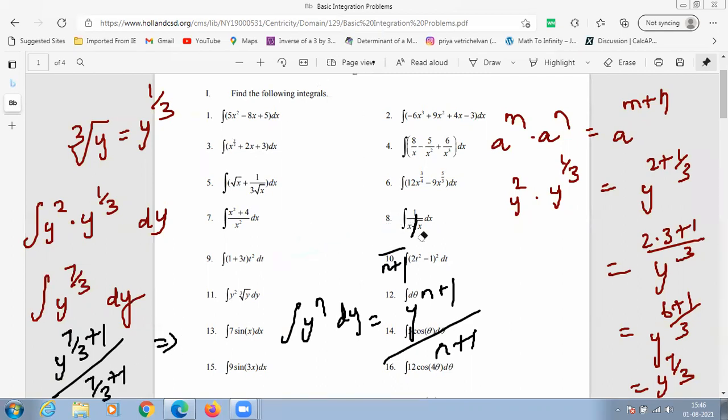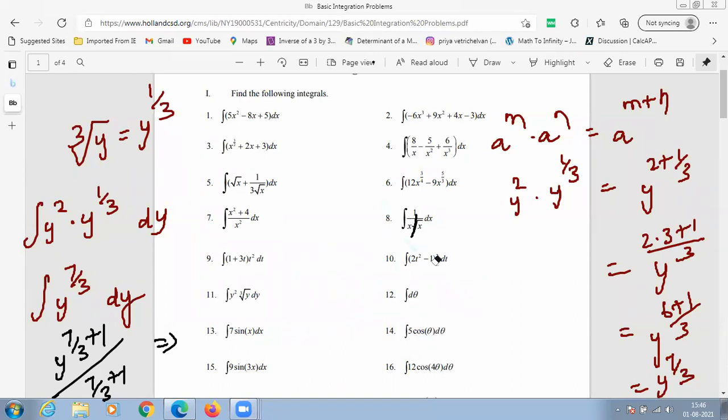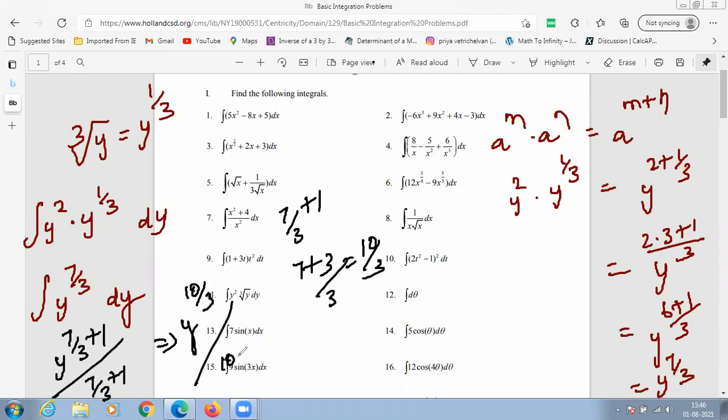You can apply the LCM. And 7 by 3 plus 1 can be written as 7 plus 3 by 3, which is 10 by 3. Y power 10 by 3 upon 10 by 3. Right? This can be written as 3 by 10 y power 10 by 3. This is the result for the question number 11. Just note it down.